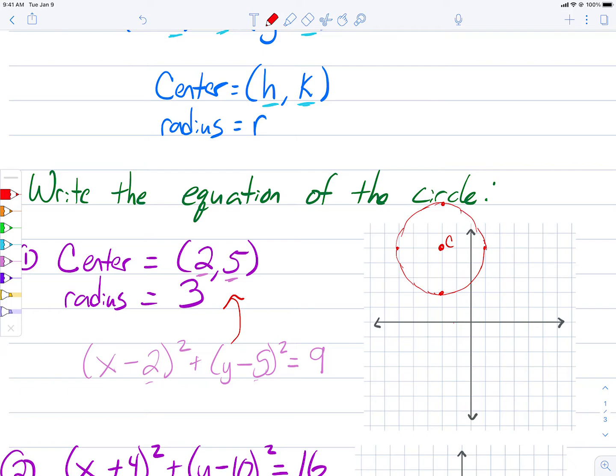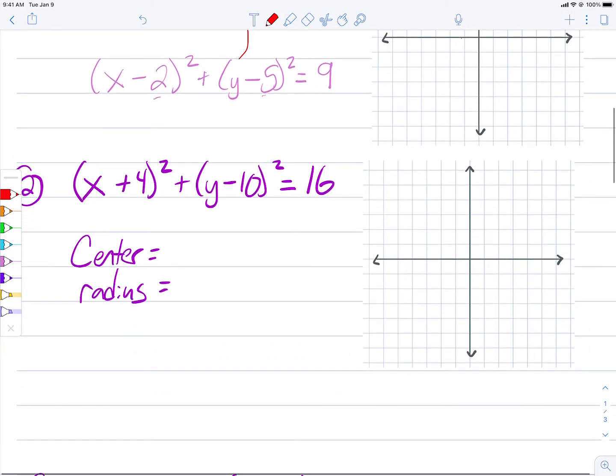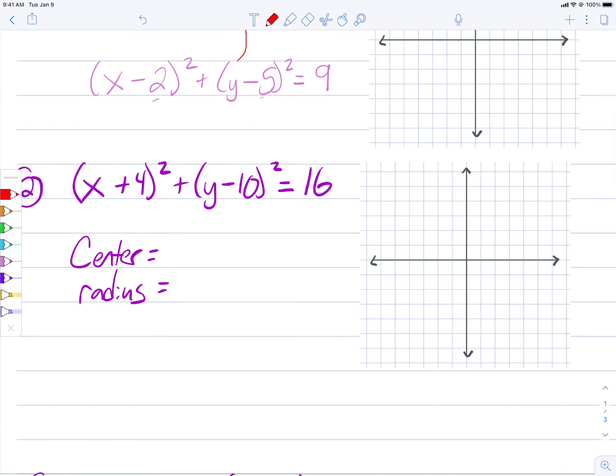If you know the center and you know the radius, you can get 4 dots, one in each direction, to make that radius, because here's my radius of 3, and I have my circle. So going the other direction, if we were given the equation, like (x plus 4) squared plus (y minus 10) squared equals 16, the center is negative 4, because you'll notice that there's a plus sign here.